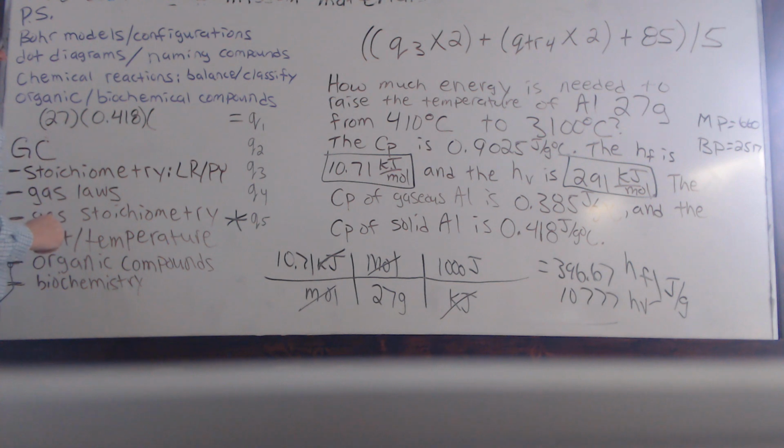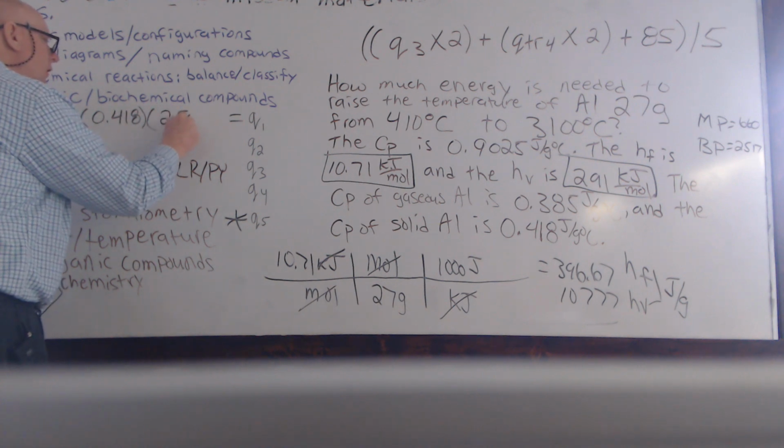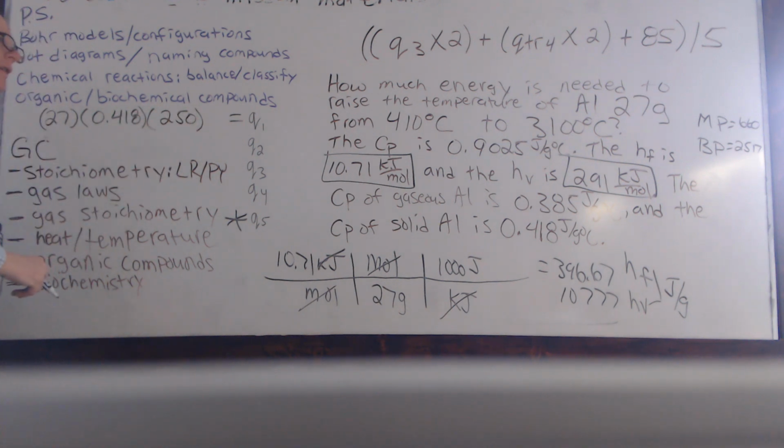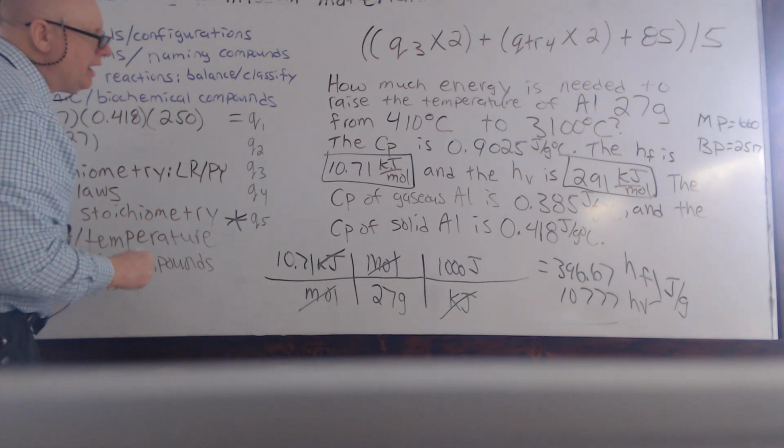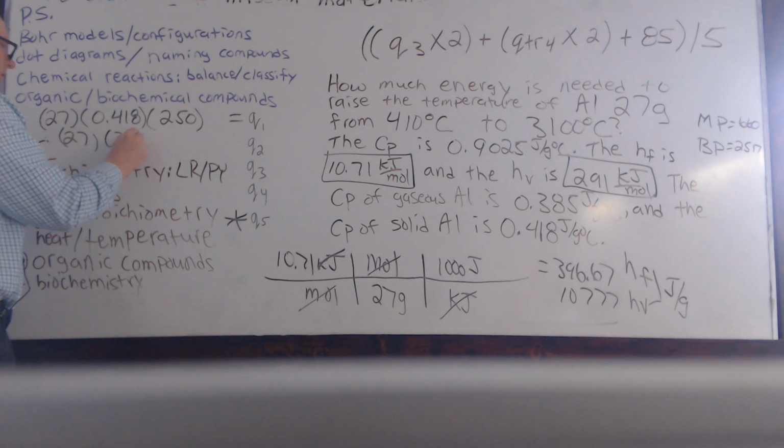Then we need a temperature range. 410. So 660 minus 410 is 250. The melting point and boiling point have to be given to you. Then we've got 27 times the conversion we made, which is 396.67.